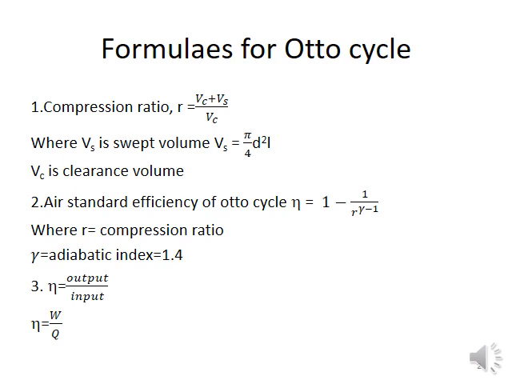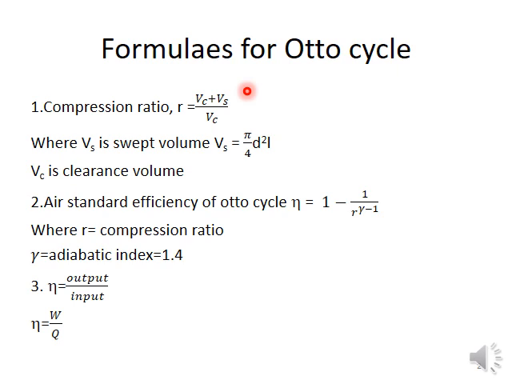Before going to solve the problems, we will discuss the formulas used for the Otto cycle. We all know that the Otto cycle is also called a constant volume cycle, on which petrol and gas engines work.